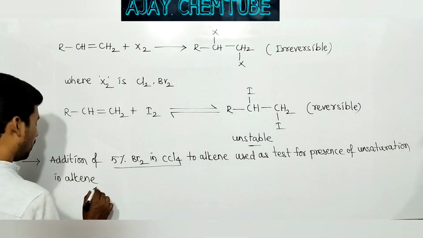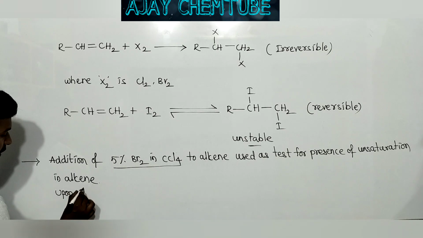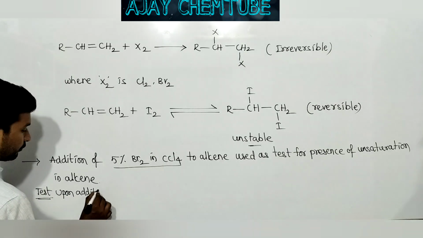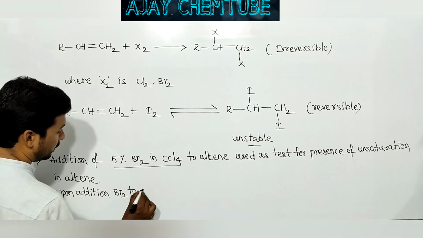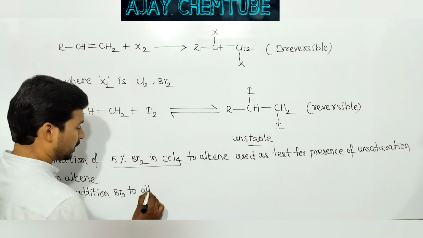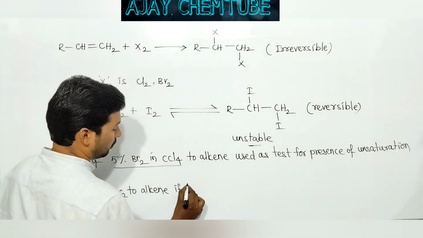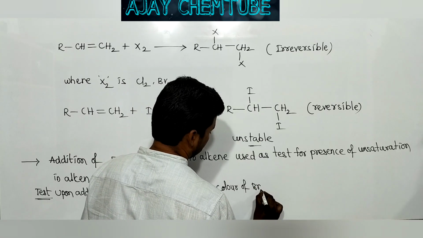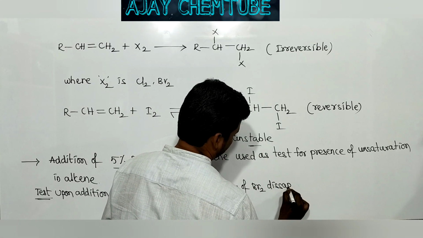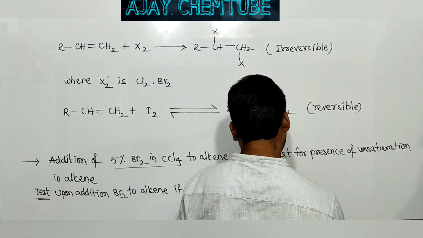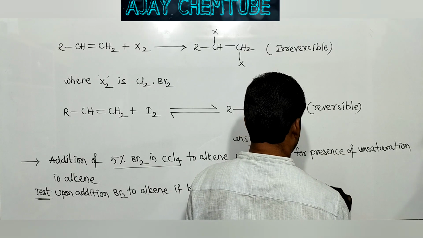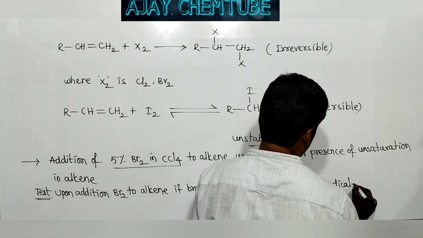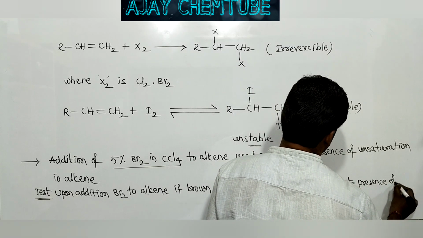So what is the test here? Upon addition of bromine to alkene, if the brown color of bromine disappears rapidly, it indicates the presence of unsaturation.